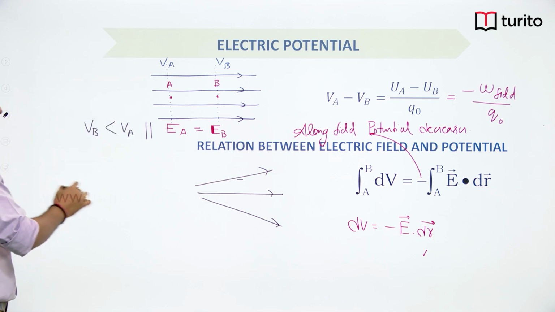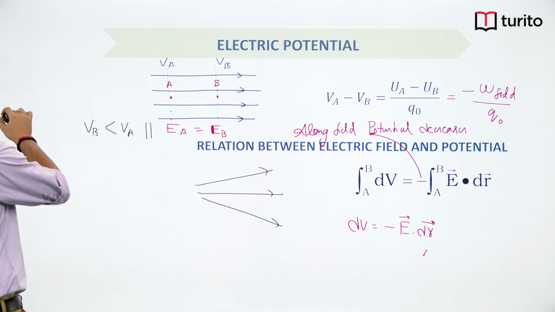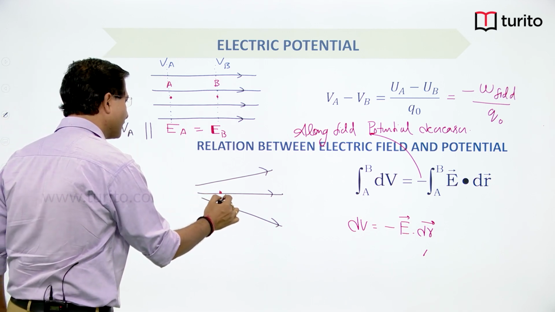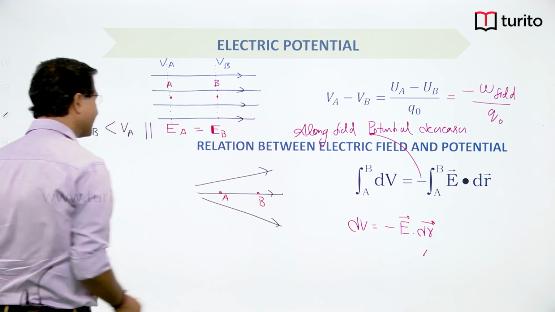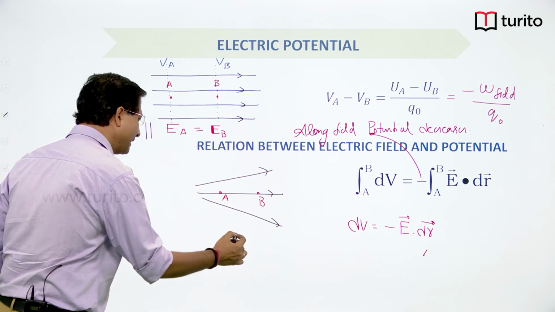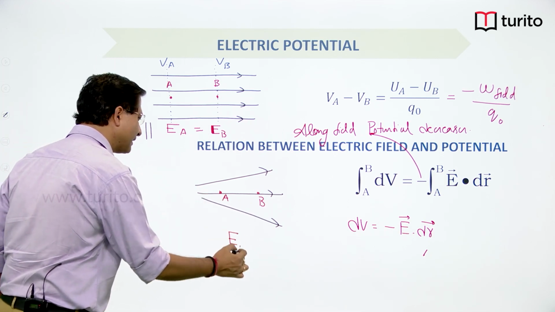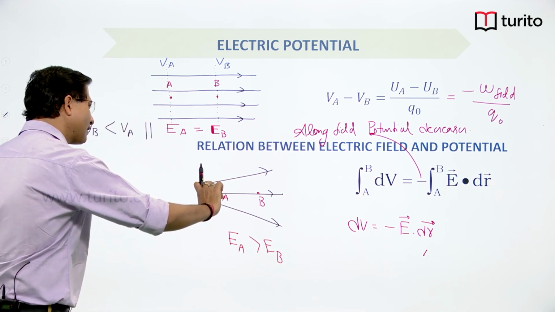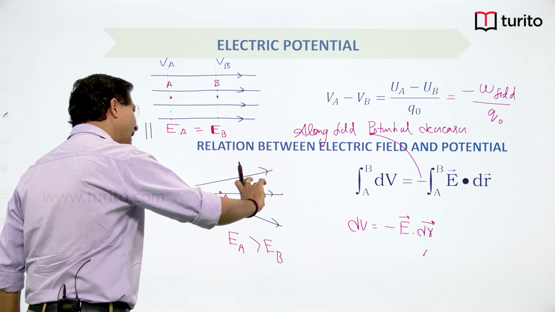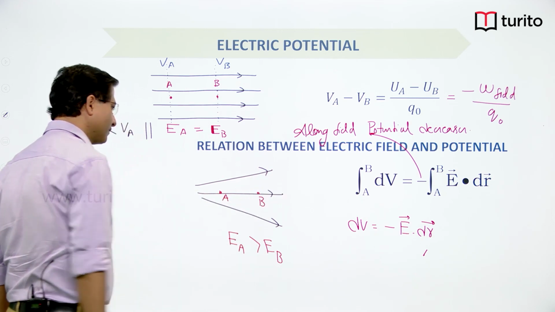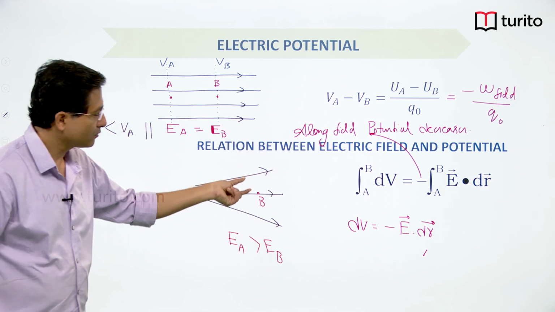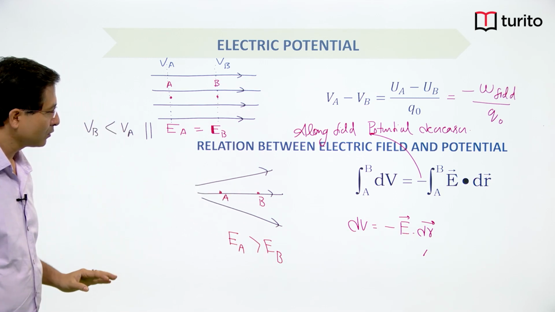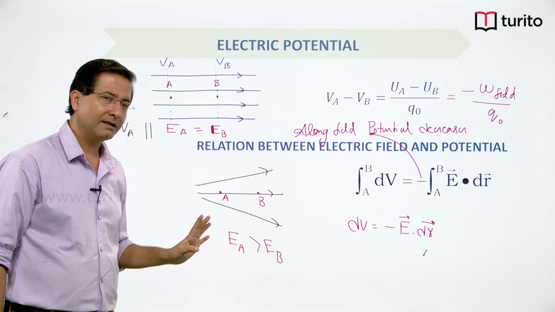So, the gap between the lines increases as we move forward. If I take point A here and point B here, then I can say intensity of field at A is more than intensity at B, because here lines are closer and here the gap between lines is more. So, this gap is more as compared to this gap, right. So, intensity at A is greater than intensity at B.